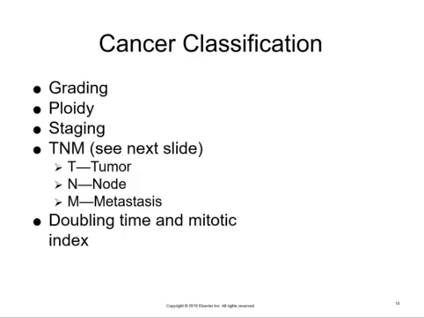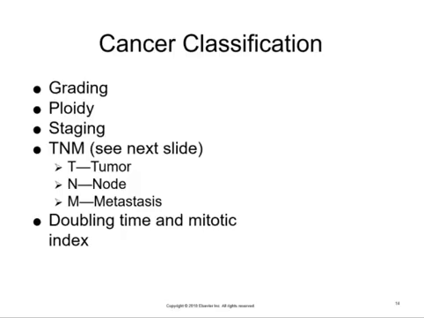Grading is going to be classifying cellular aspects of a tumor. Ploidy classifies the number and structures of chromosomes, such as normal or abnormal. Staging classifies the clinical aspects of the tumor, and it specifies the level of malignancy.